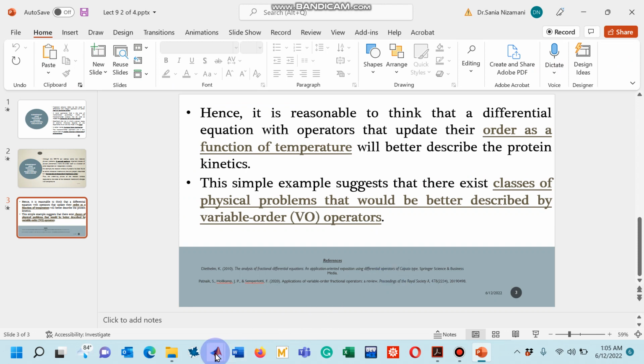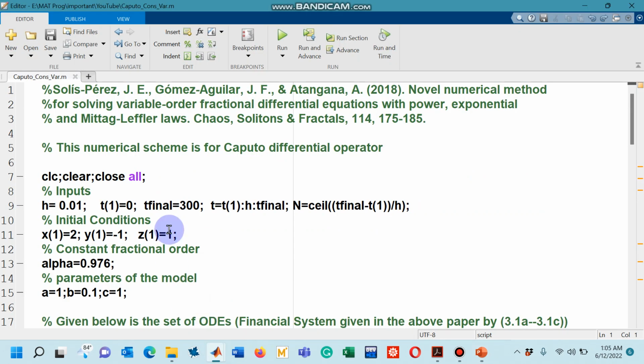Now, let's move to the MATLAB code, where I have taken the financial system given in the research paper by equations 3.1a to 3.1c. It has three differential equations.